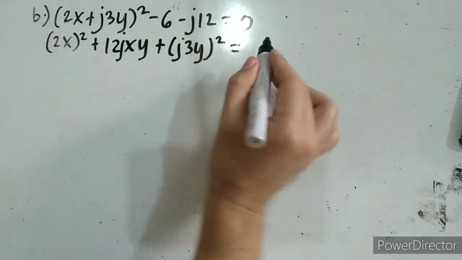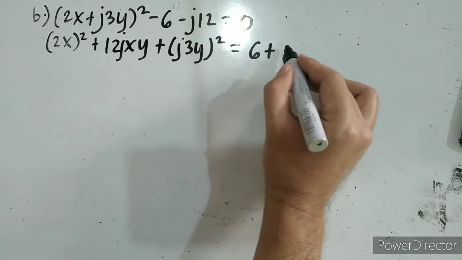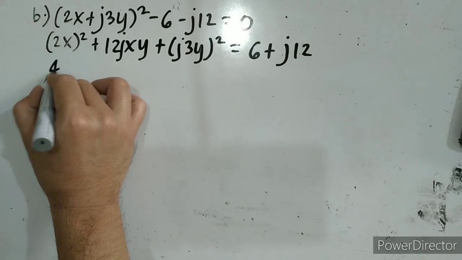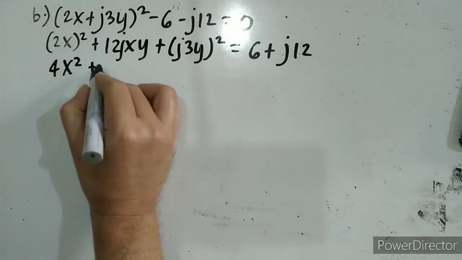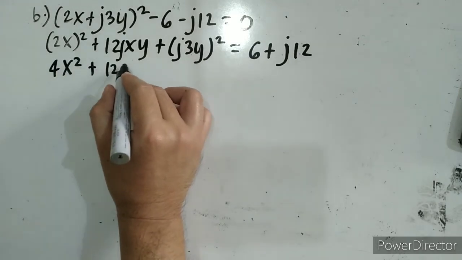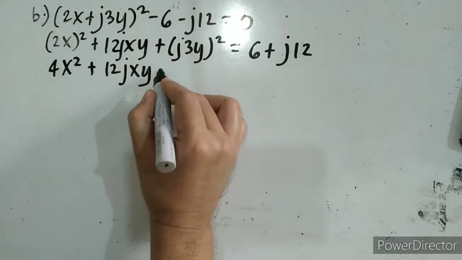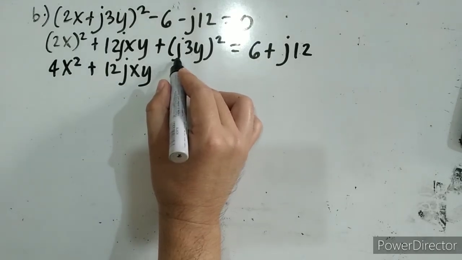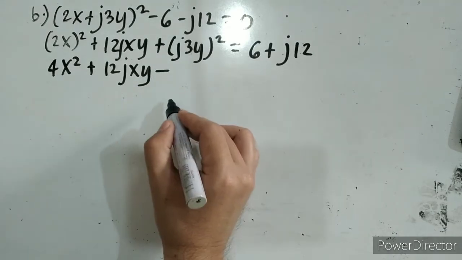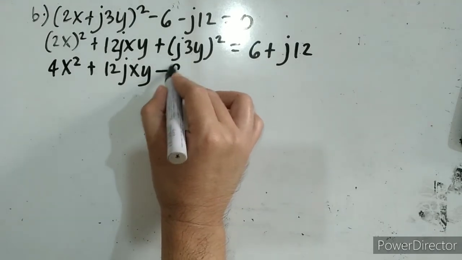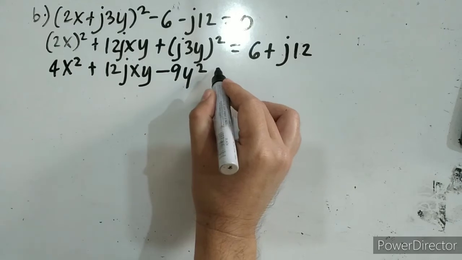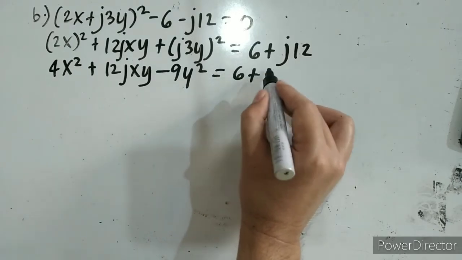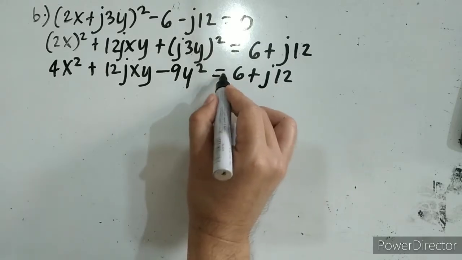We can transpose this to the other side, so this becomes 6 plus j12. So this becomes 4x squared plus 12jxy, and j squared is negative 1, so this becomes negative 3 squared, which is 9, y squared equals 6 plus j12.